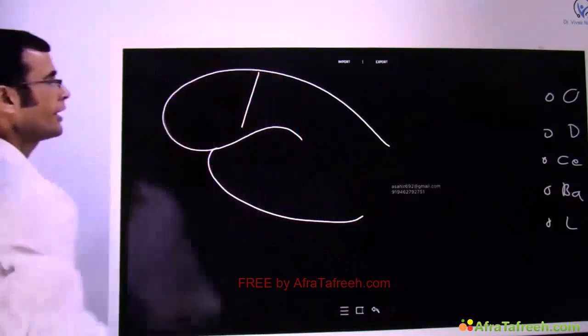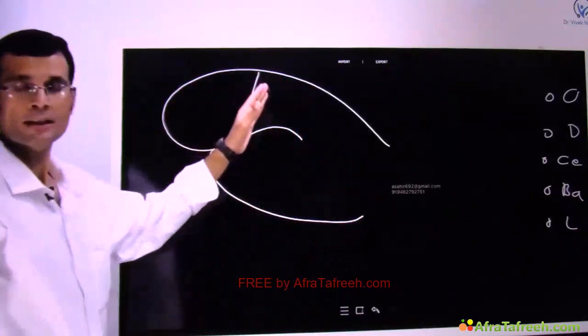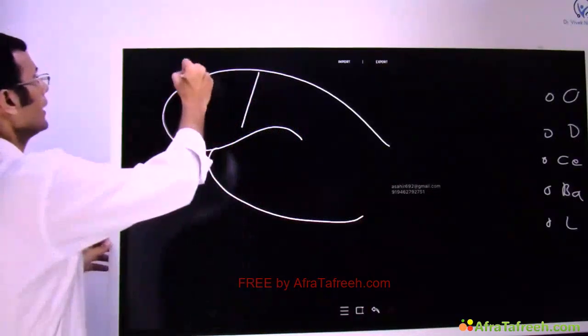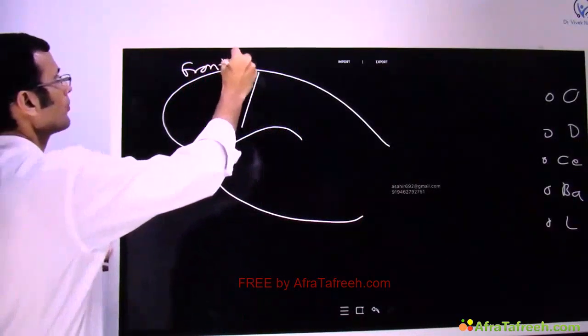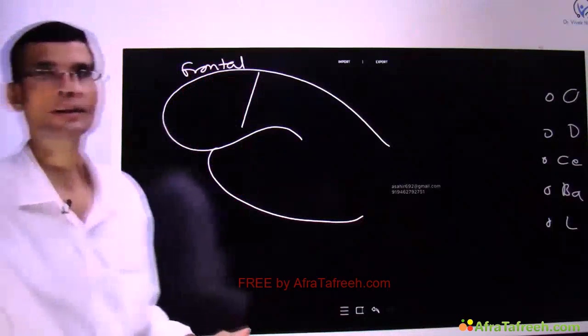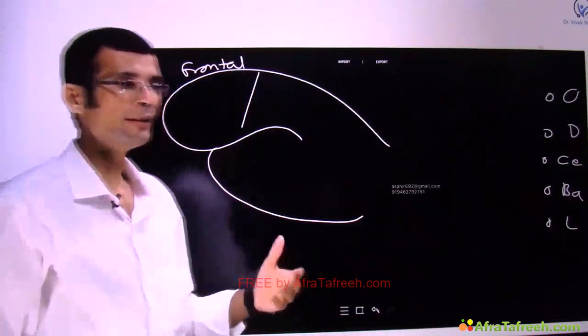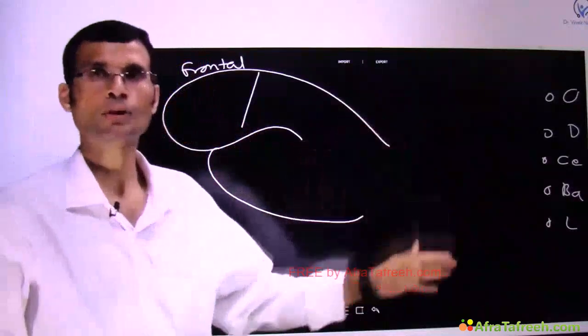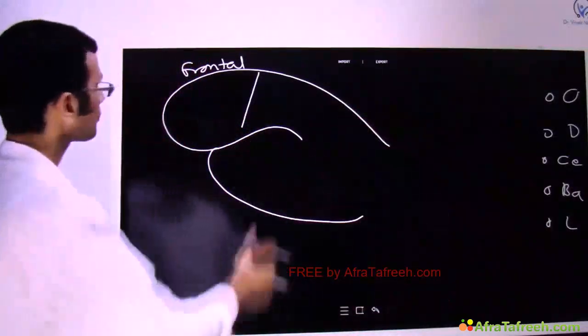There is a central sulcus. Then in front of the central sulcus, in the frontal lobe, there is motor cortex. So decision for the voluntary movement is going to be taken in the motor cortex in the frontal lobe.